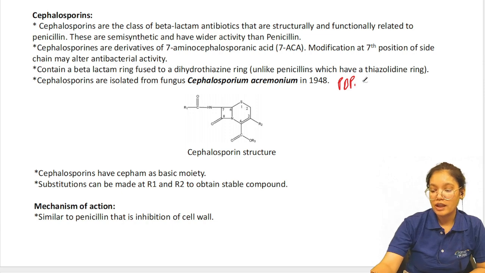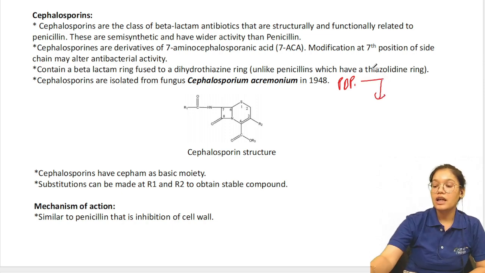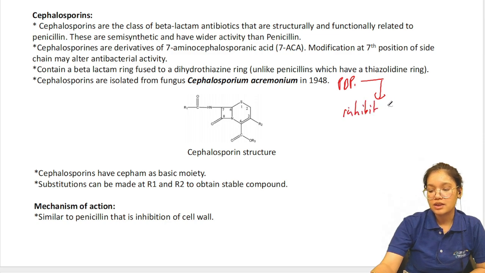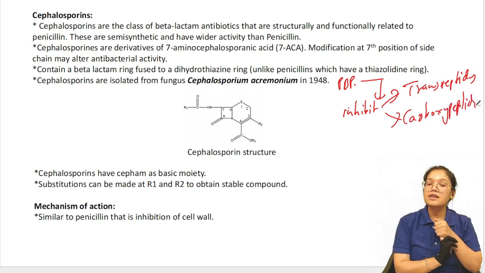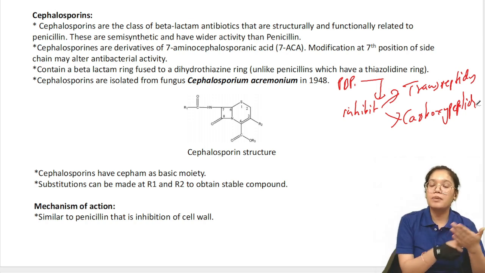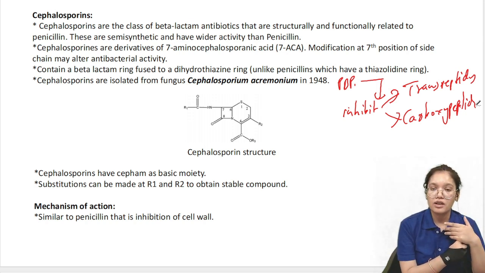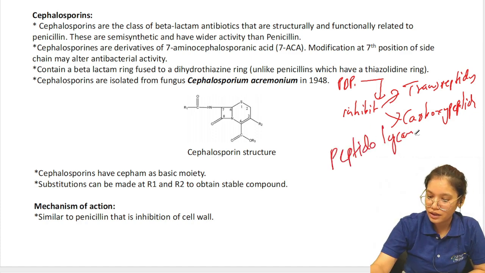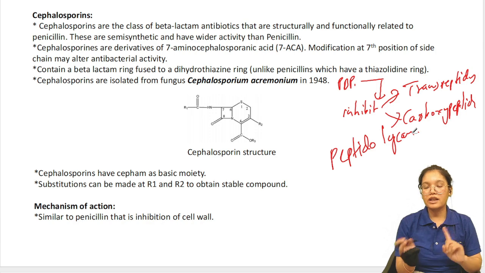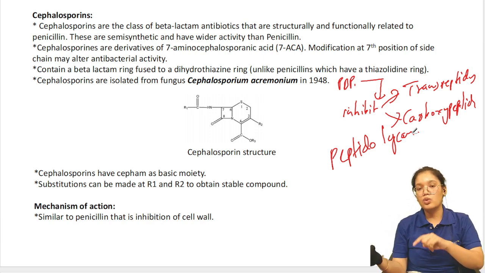When they bind to this specific penicillin binding protein, they inhibit two enzymes, the transpeptidase and the carboxypeptidase. These two enzymes are responsible for the cross-linking between the peptidoglycan chains.